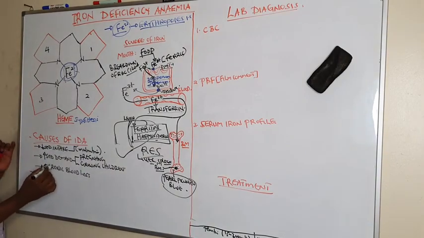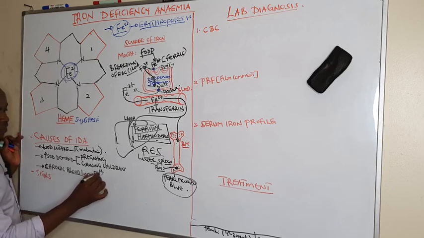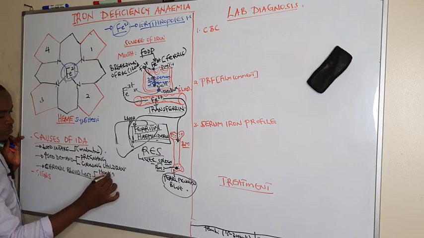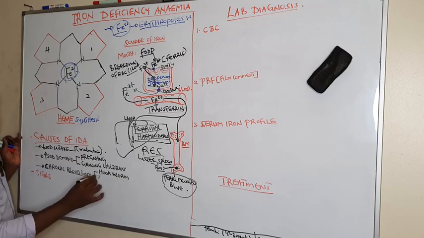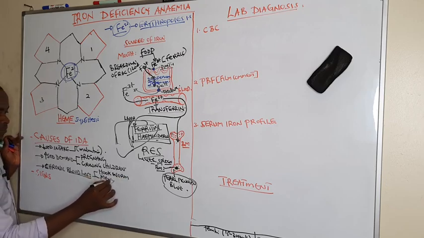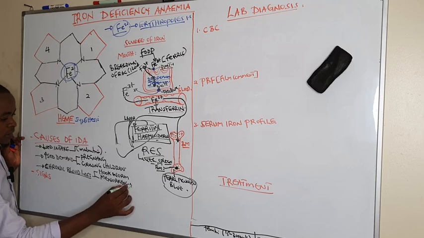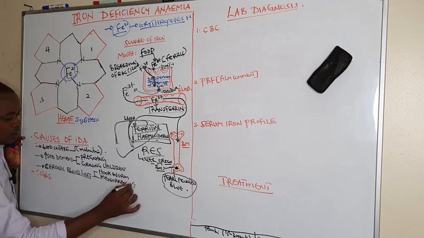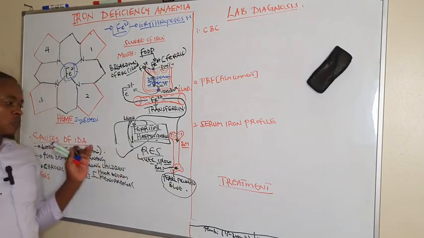Then under chronic blood loss, we can see it in hookworm infestation. We can see it in menorrhagia. What is menorrhagia? This is prolonged menses, whereby someone stays in menses for more than 10 days. That is what we call menorrhagia.